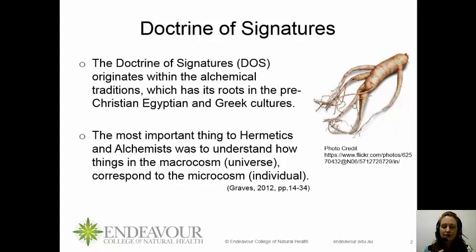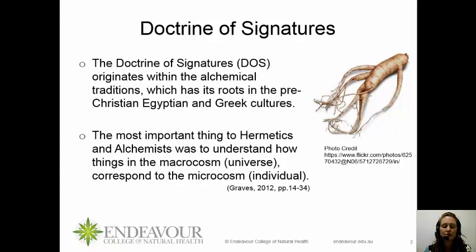And there was also this idea that the greater picture, the macrocosm, the universe, was reflected in the microcosm, in the individual. So it was applied to both people and situations, but also to plants.